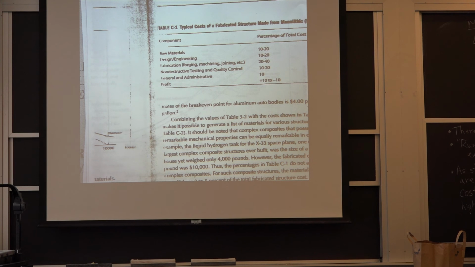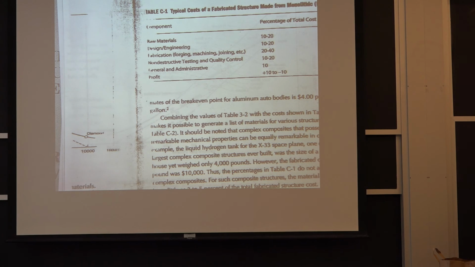Design and engineering is 10 to 20%, unless you're designing a hula hoop, which doesn't have a lot of design and engineering. Fabrication, forging, machining, and all that stuff, those things you mechanical engineers do, that's 20 to 40% of the manufactured cost. Non-destructive testing and quality control can be 10 to 20%. G&A, the accountants and the HR people and everything, is 10%. And profit, if you add all this up with the ranges above, is either plus 10% or minus 10%. You can either win or lose in this game, right? Those are the approximate numbers.